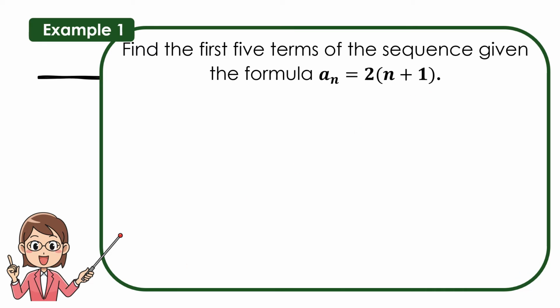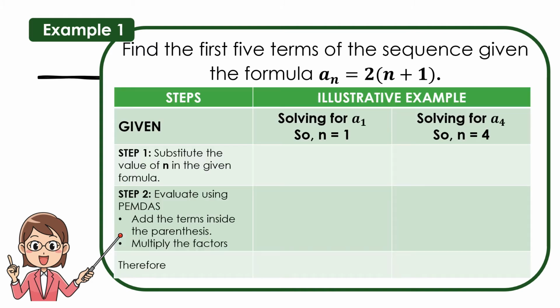In solving this problem, we follow the two-step rule as mentioned in the previous slide, which is step 1, substitute the value of n in the given formula where n is the term's location.